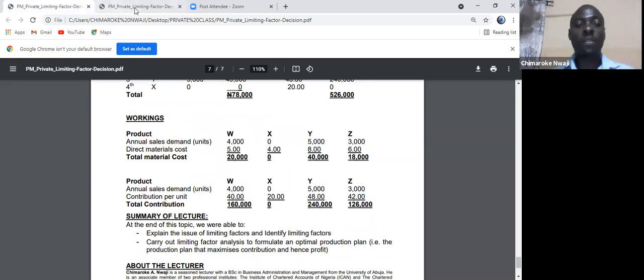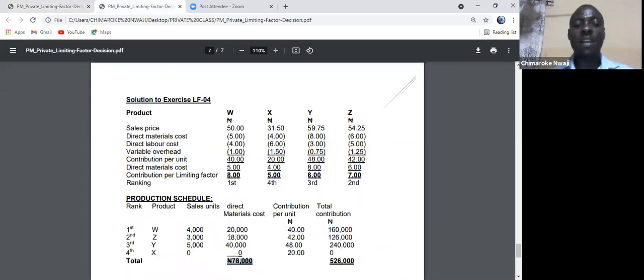For the ranking number 1, which is W, we have 4,000 units to be achieved. If the direct material cost is 5 naira, when you multiply 4 times 5, it gives you 20,000 naira. That's how we got our 20,000 naira.